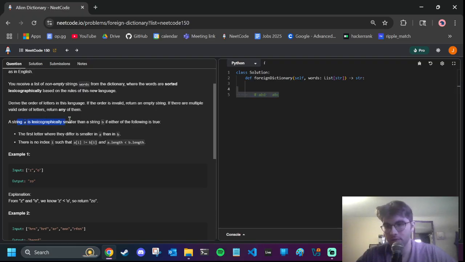I kind of just know what lexicographically smaller means, but the first letter where they differ is smaller in A. Oh, okay, yeah, that makes sense. So the first letter that they differ. All right.